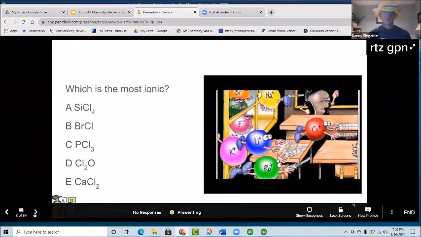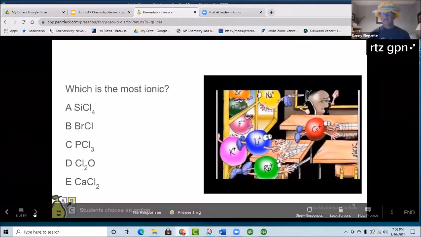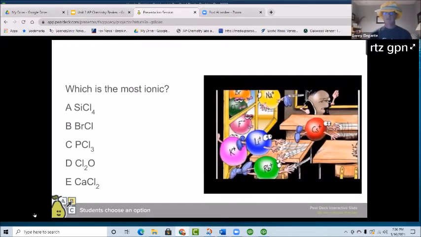So here's another question for you. Look on the periodic table, and based on where the elements are on the periodic table, which of the following compounds is the most ionic?